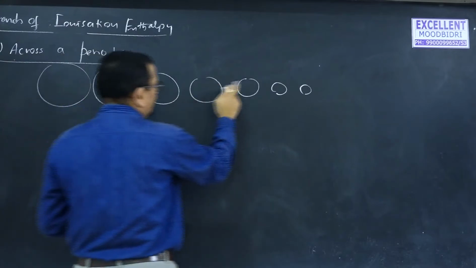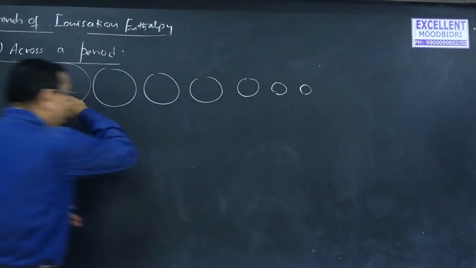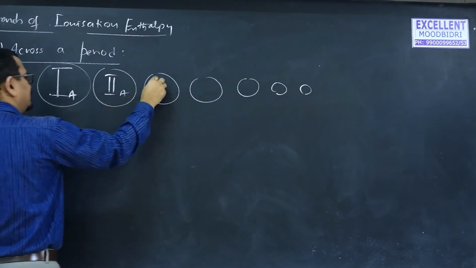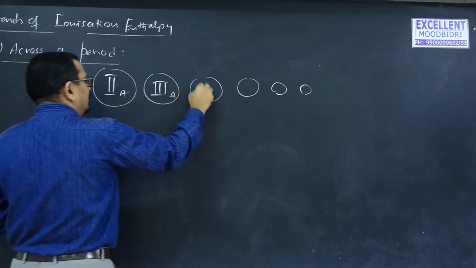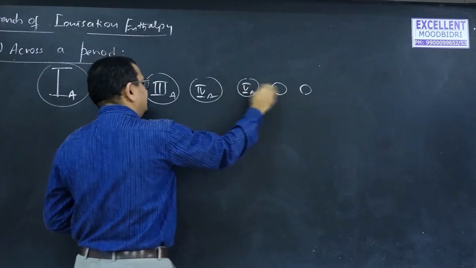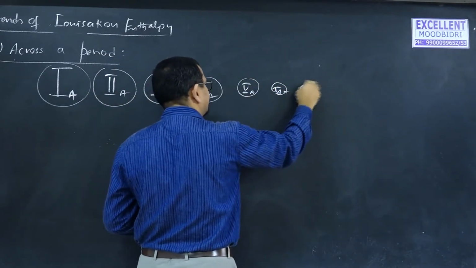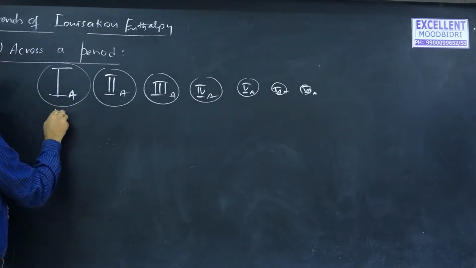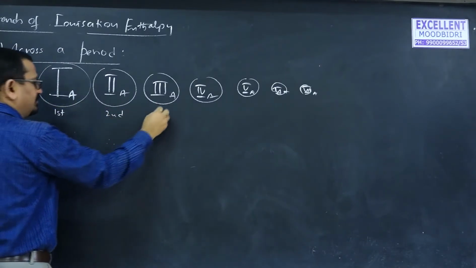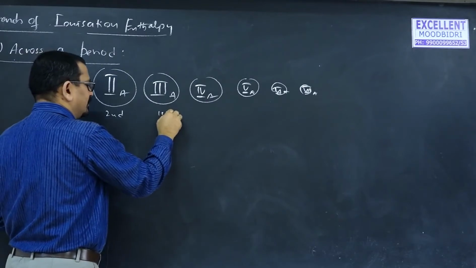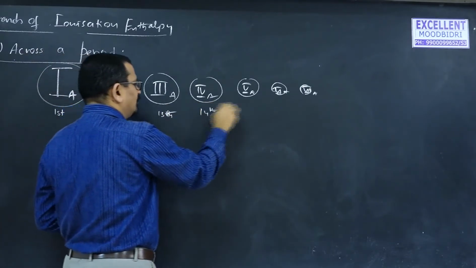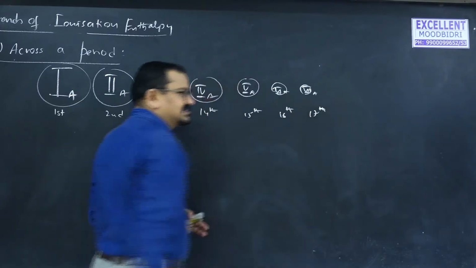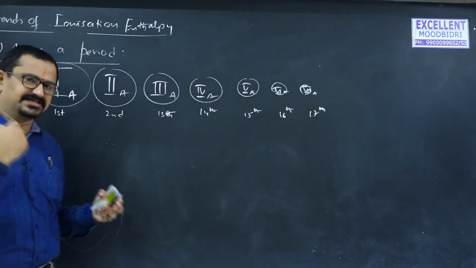In any given period, the 1A group element is of larger size: 1A, 2A, 3A, 4A, 5A, 6A and 7A. That means alkali metal, first group, second group, then 13th, 14th, 15th, 16th and 17th group. Suppose you want to study second and third period elements.